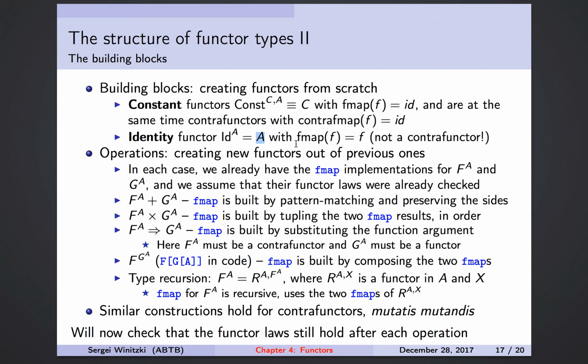Now, notice how I started to use terminology that the functor takes a type and returns a type, as if functor is a function on types. So that's indeed the case. So you can consider functors or type constructors as functions of types, functions that take types and return other types. In Scala, it is very clear that this is the case because we use square brackets to denote type applications.